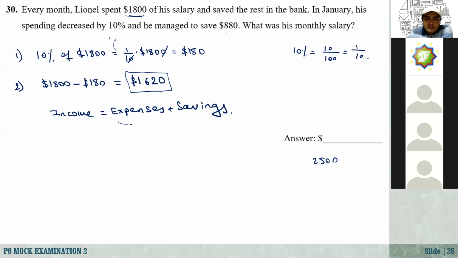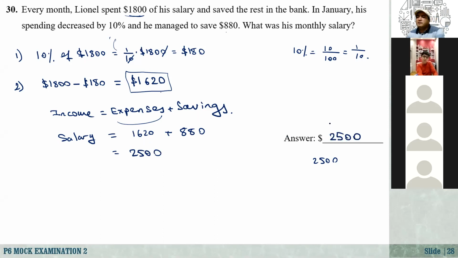So the expenses are 1,620, and savings are 880. Together it gives us the monthly salary. Income is salary here. So the salary is equal to 1,620 plus 880. That's equal to 2,500. So his monthly income is $2,500.